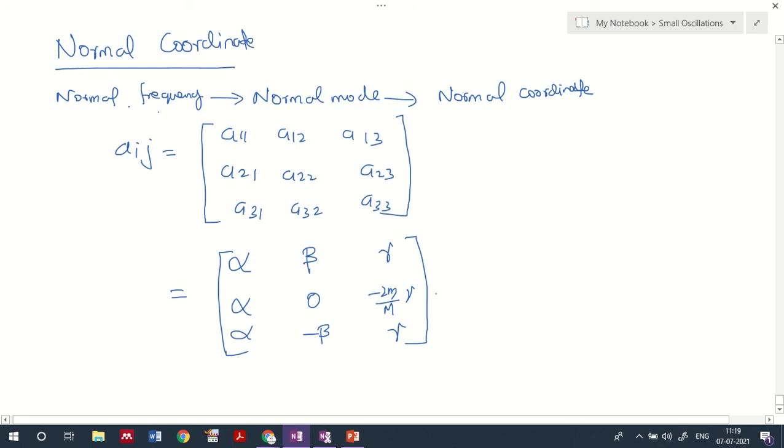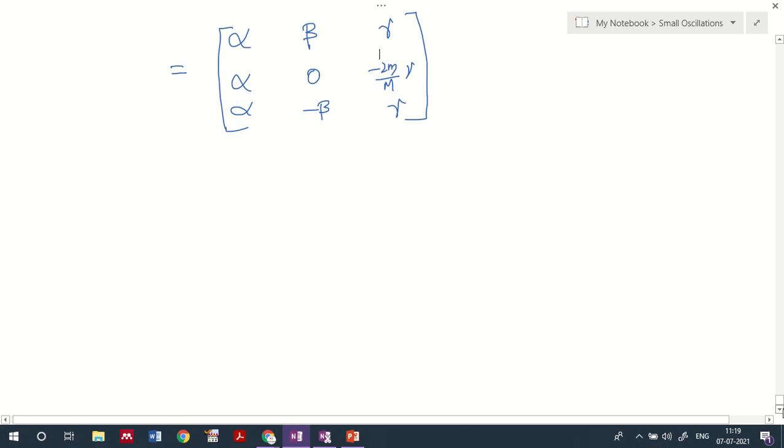Now we know Aij. Now we know what Tij is. Tij equals the matrix with M, 0, 0 in the first row, 0, capital M, 0 in the second, and 0, 0, small m in the third.